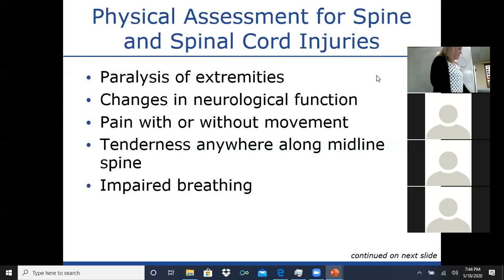All right, let's see where we're at here. Okay, let's keep going with our spinal cord injuries and what we're expecting. So we talk about signs and symptoms and mechanism. If we're actually assessing the patient, then we might see signs of paralysis, or sometimes it's just pain, and they can't really identify exactly.